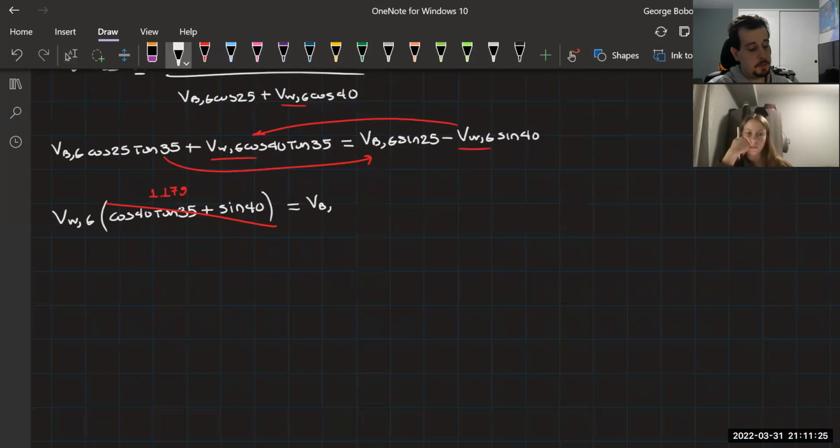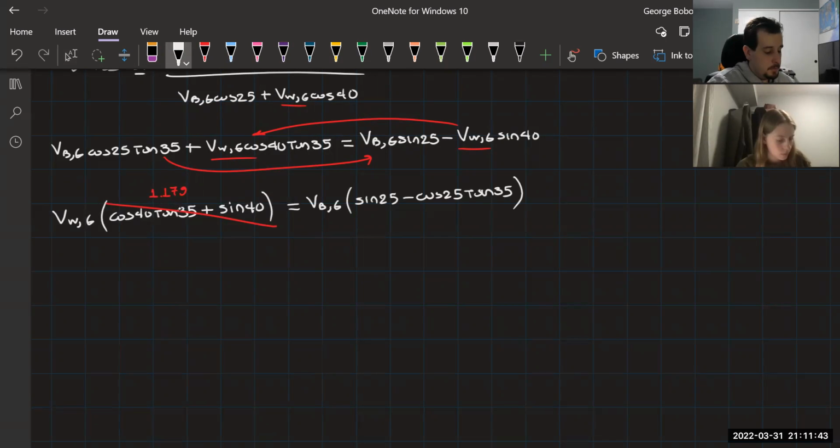All right, and on the other side, we're going to factor VBG. So we're going to have sine of 25 minus this guy, so minus cos 25 and then tan 35. Again, this is sine of 25 minus... hold on, let's do the product first.